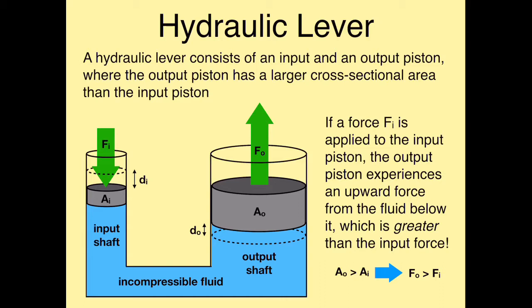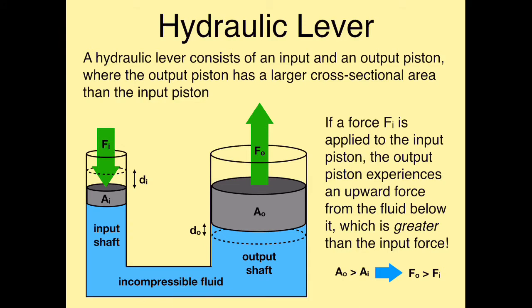So the idea here is if I apply a force at the input end, if I push down on it, well, that's going to increase the pressure in the fluid. And it's going to be the same pressure increase at the input end as it is at the output end, okay? So that means the fluid at the output end is going to be applying an upward force to this piston, and we'll call that force FO. But here's the thing, the forces are not necessarily going to be the same.